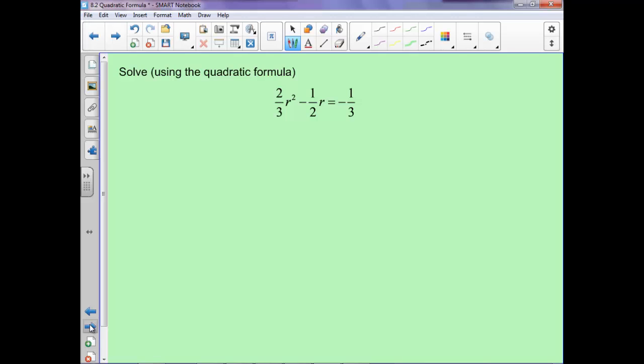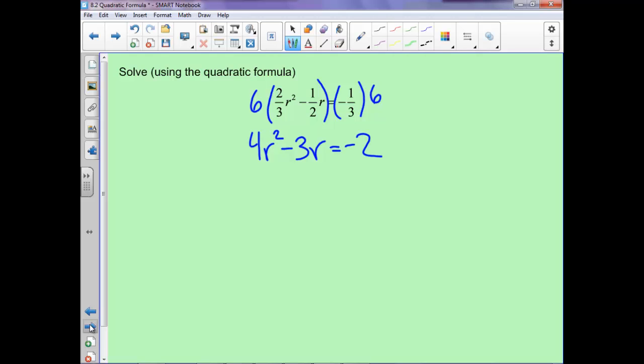Now on this one, notice we don't really want to deal with our fractions. And so, thinking back to how we've taken care of this before, we can multiply everything by a common denominator, which would be 6. So here we're going to be left with 4r squared minus 3r equals negative 2.